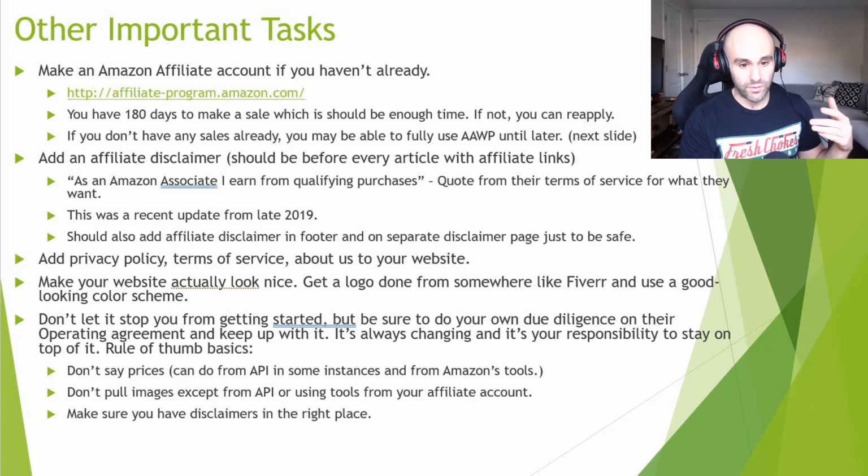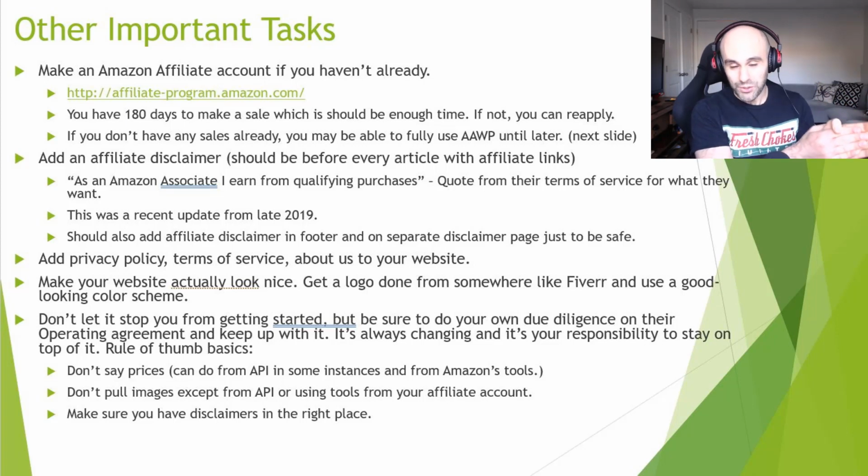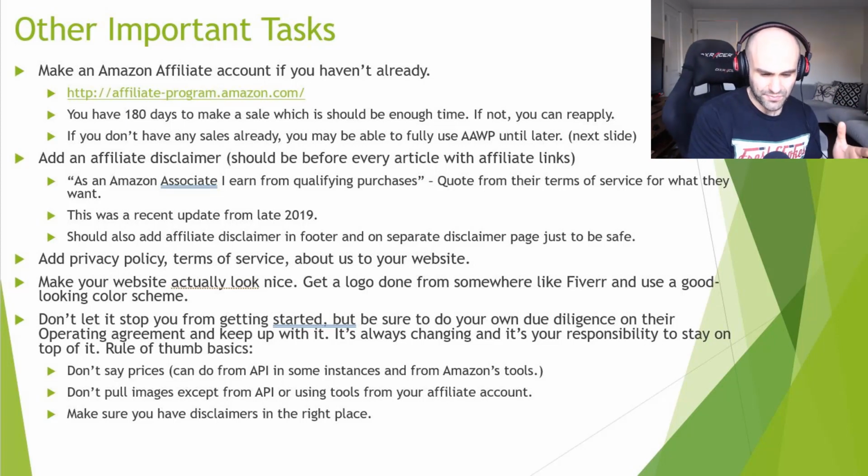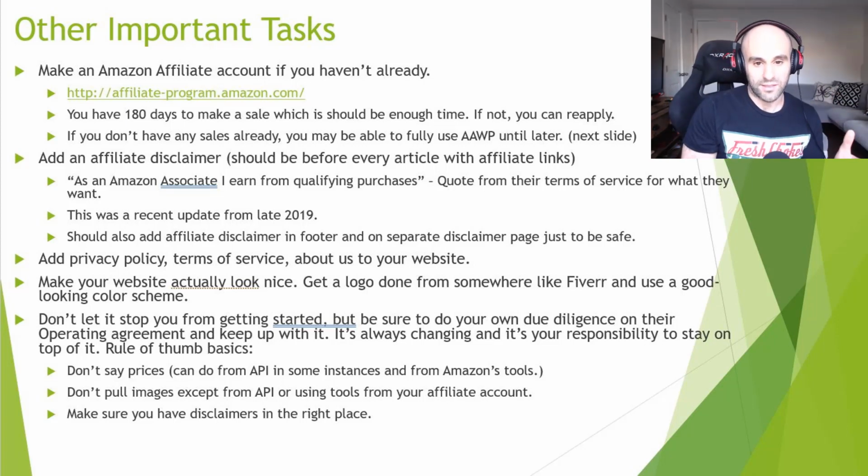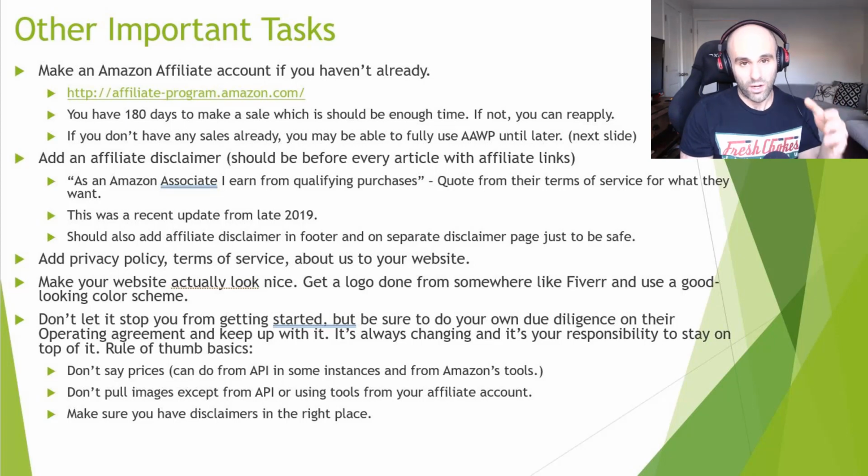As I mentioned, don't pull images unless you're doing it from the API or using the tools from your affiliate account. So don't download an image to your hard drive and put it on your site. And the last one is just make sure you have the right disclaimers in place. Again, you're going to want to look at their operating agreement. I gave you the generic statement that they indicated everyone should have in their articles, but it is up to you to do that due diligence.